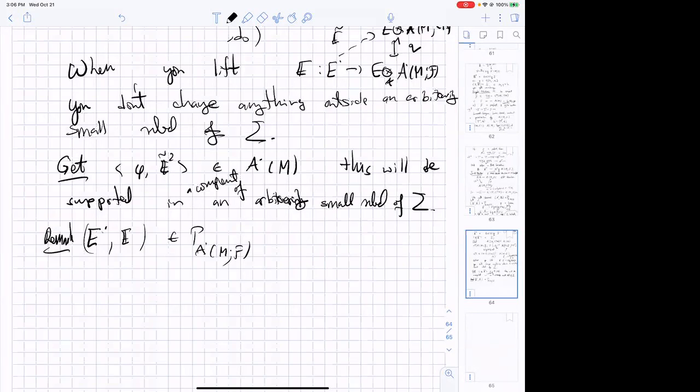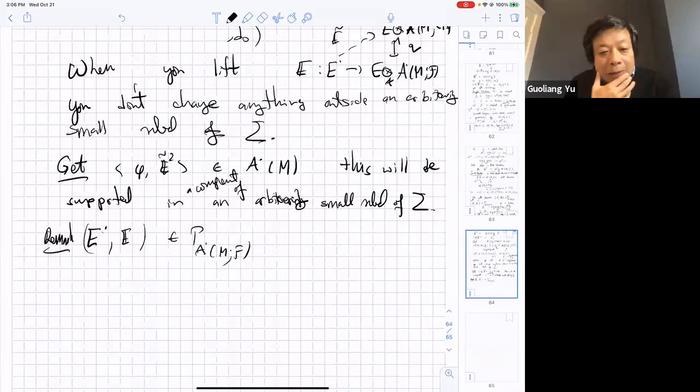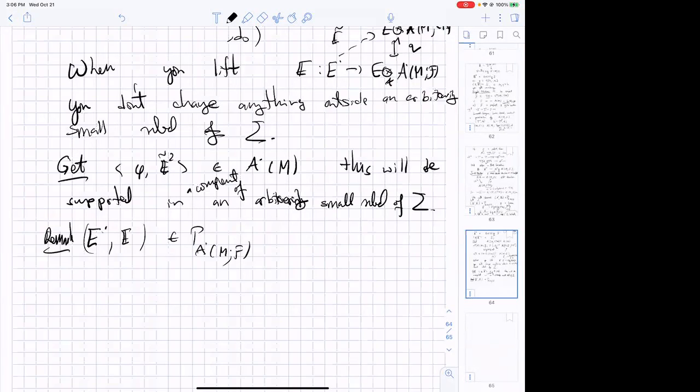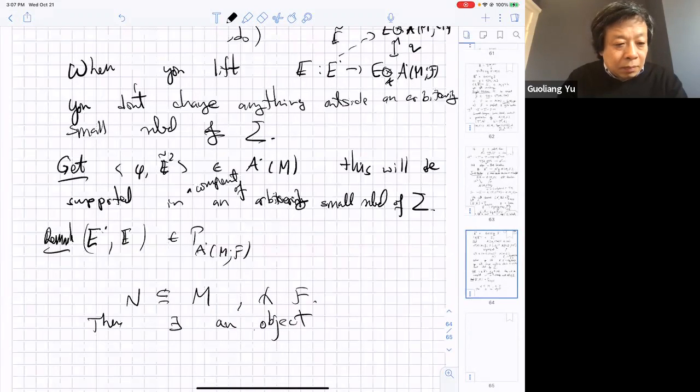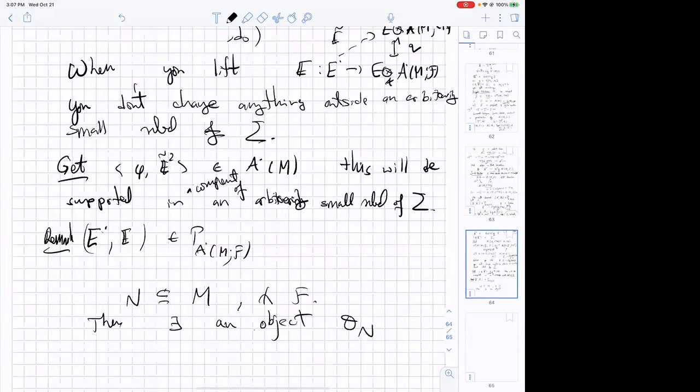In particular, if you take N, a closed submanifold of M transversal to the foliation, then there exists a class, or not a class, but an object, which I guess you can call O-N, in P of A dot M comma F.